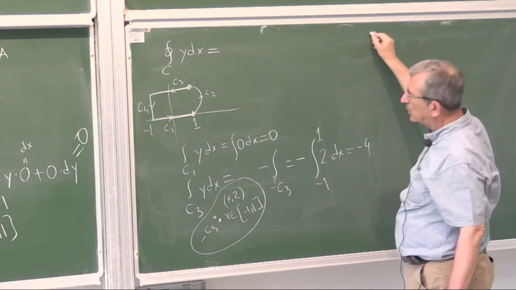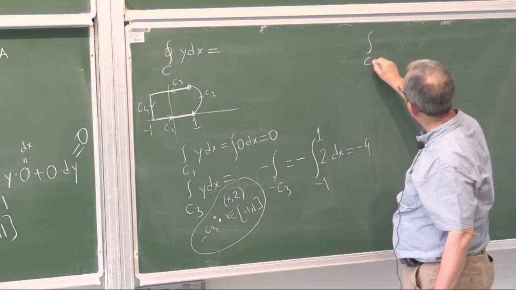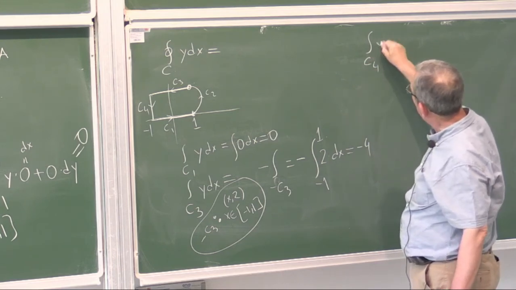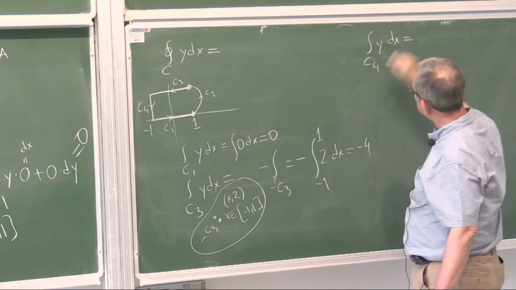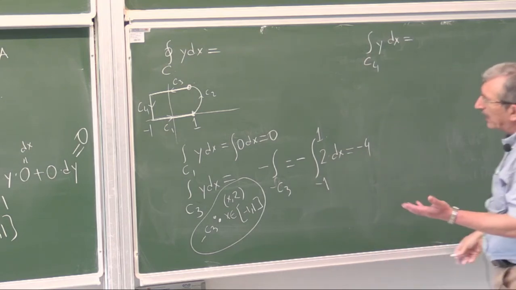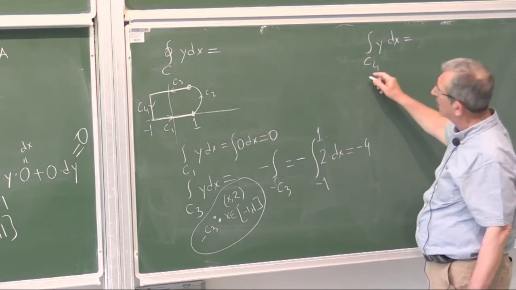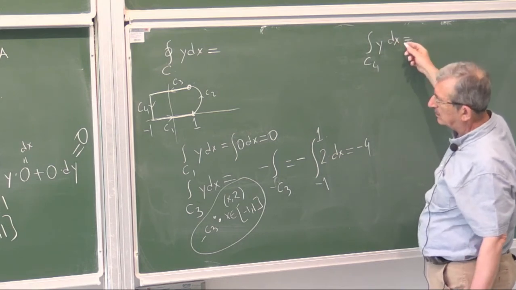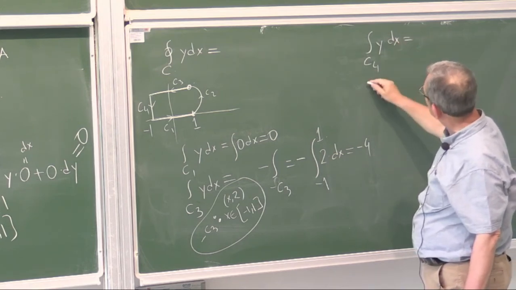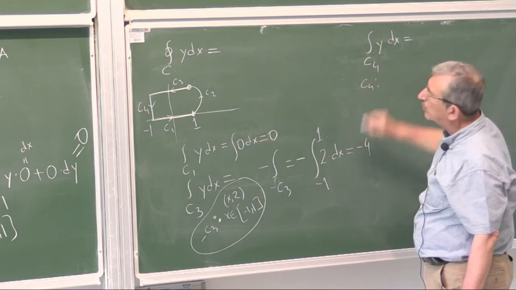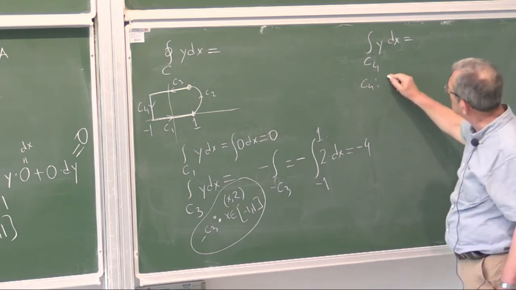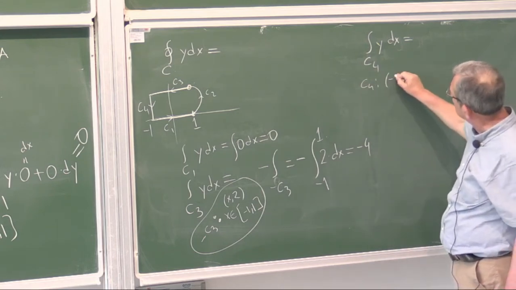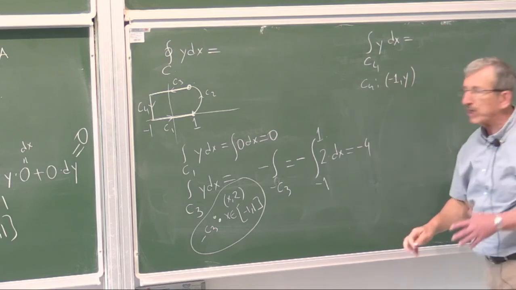Right. So integral over C4 of y dx. This would be as before. Let me directly write it. Maybe not. So C4 could be formulated as x is constant and minus 1, and only y changes.